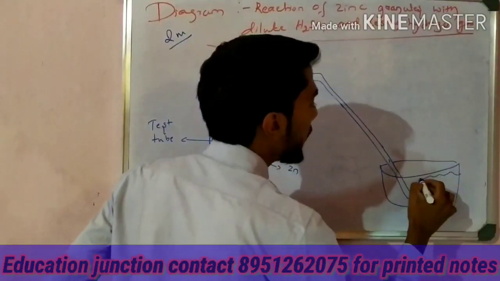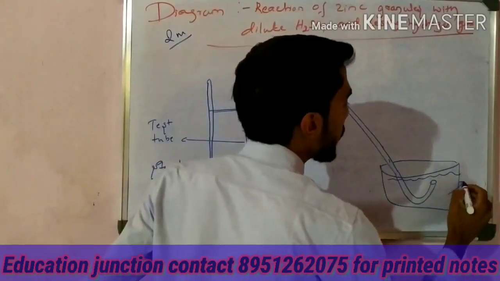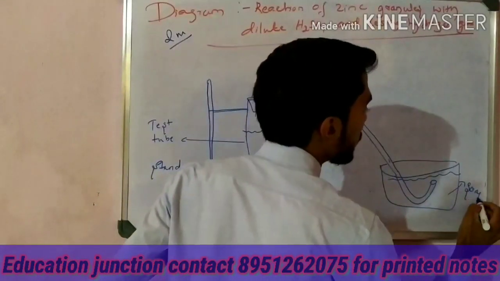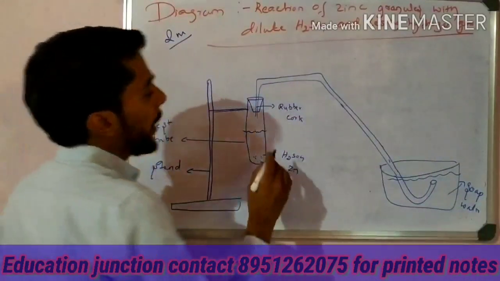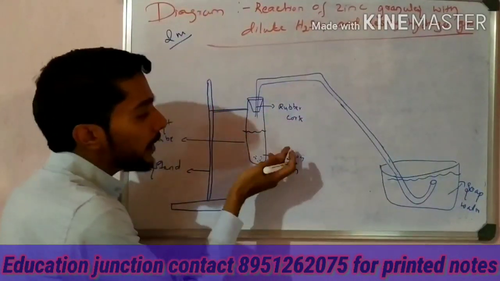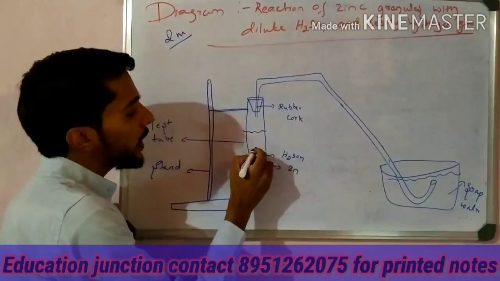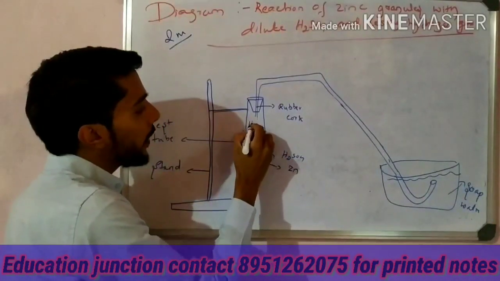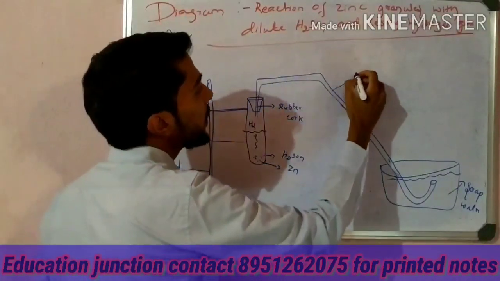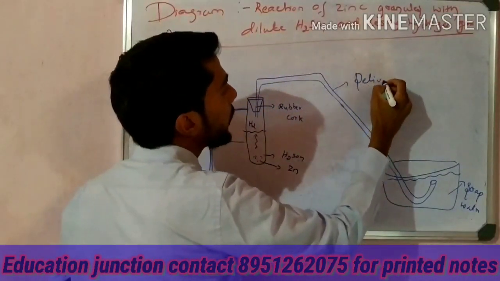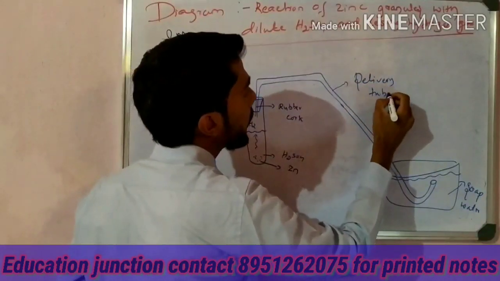In that vessel take soap water, which forms bubbles. When the acid reacts with metals, we know that H2 gas is liberated, and that gas is passed into this pipe, which is called a delivery tube.